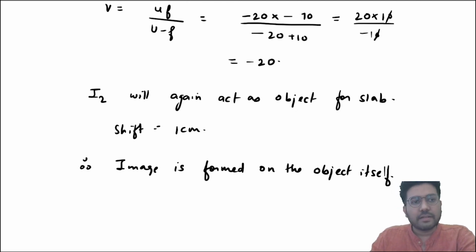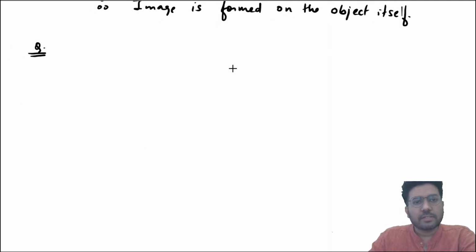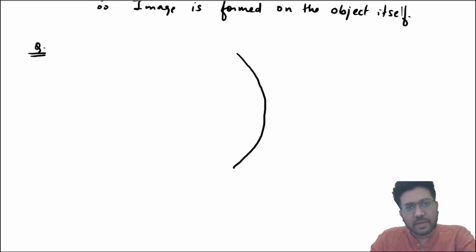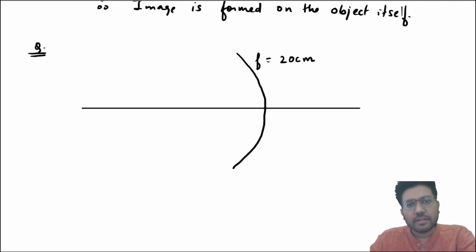Okay, let us do one more problem in this, you will understand more. See, suppose you have a concave mirror whose focus is 20 centimeter and there is an object at a distance of 30 centimeters.